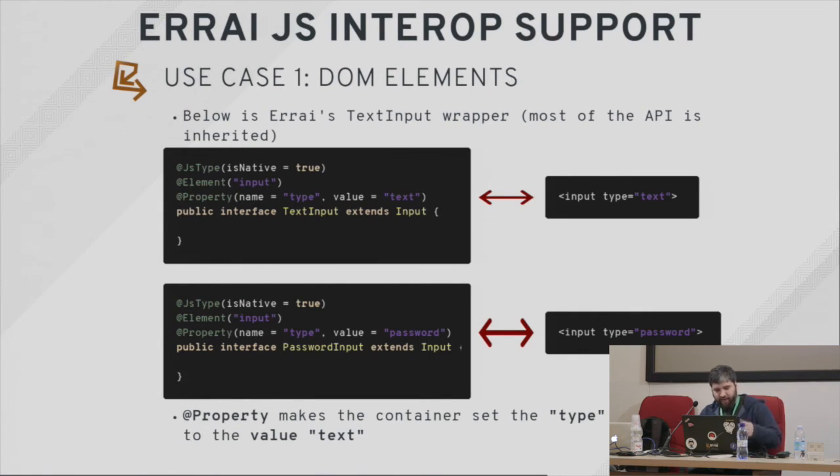In this example, we have two examples here of a text input and a password input. You can see they're both annotated with @element with the input tag name, since they are, in fact, both just input elements. But we've used the property annotation to specify that a text input has the type attribute with the value text, whereas a password input has the type attribute with the value password.